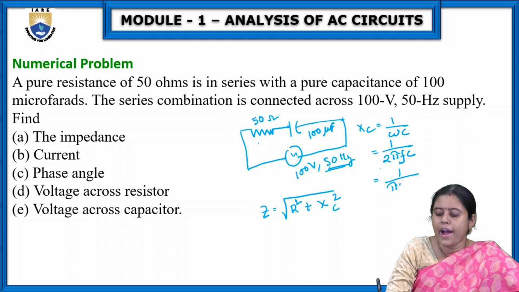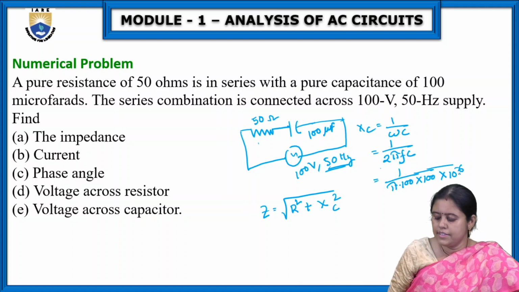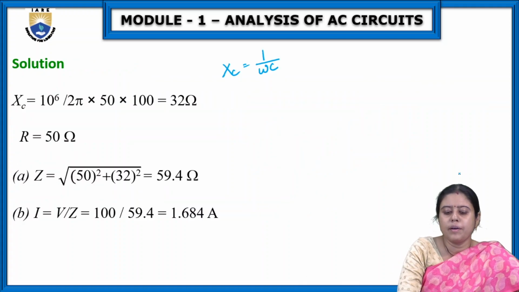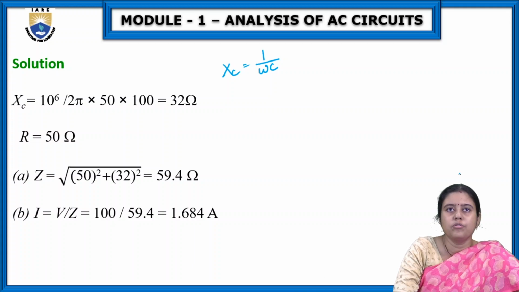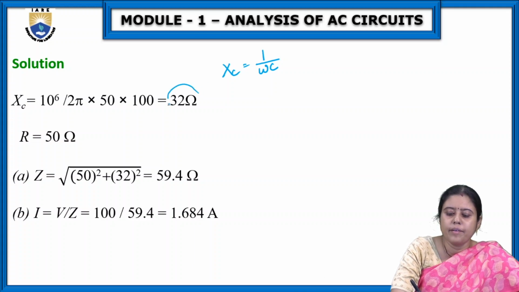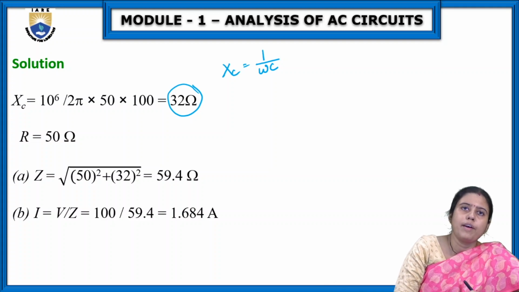So 1 by pi into 100 into the capacitance, 100 microfarad, and microfarad means 10 to the power minus 6. If we put in the values, 2 pi F into C, we get the value 32 ohm.